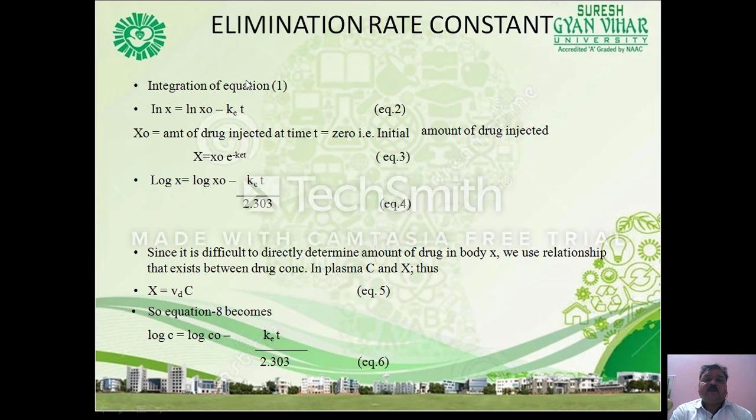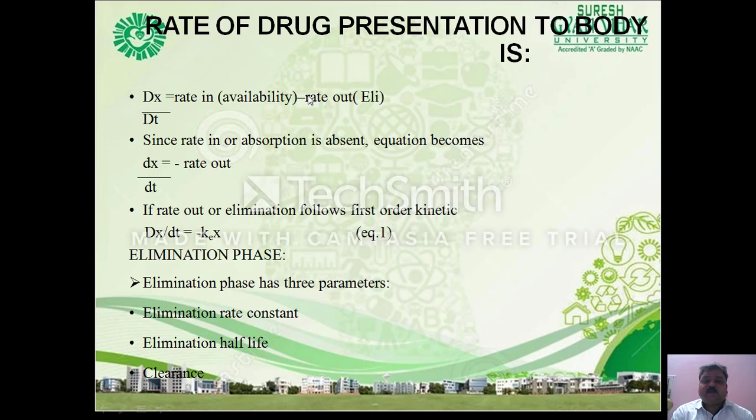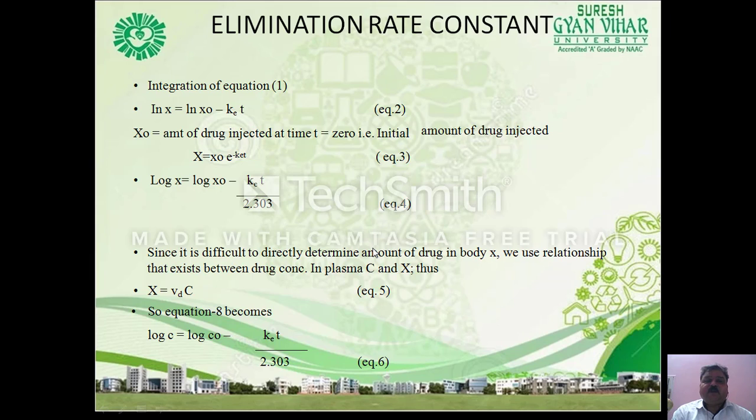Elimination rate constant means integration of equation 1 that is given. If we integrate that, ln X is equal to ln X0 minus K elimination times t. X0 is nothing but the amount of the drug injected at time t equals 0, that is the initial dose.